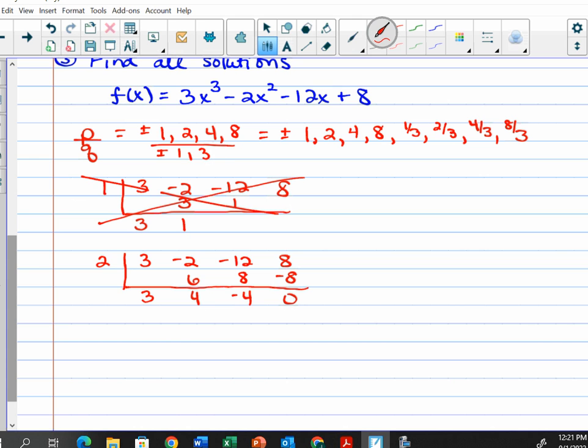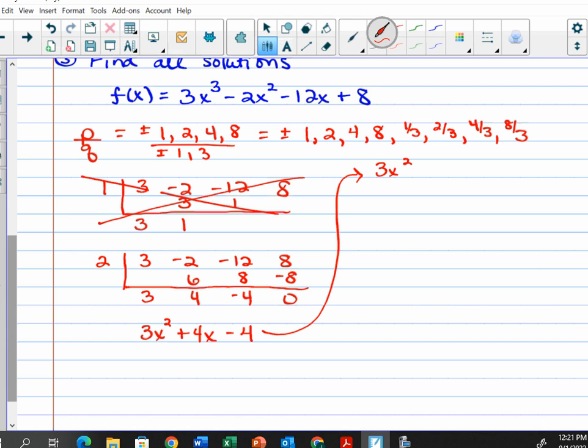Okay with 2 working? Yes. Okay, that now brings it down to a quadratic, right? This is 3x squared plus 4x minus 4. So can I factor that? Yeah, I'm going to go up here so I've got a little more room. But yes, that factors. So what multiplies to give me -12 and adds up to 4? Okay, 6 and -2, right?